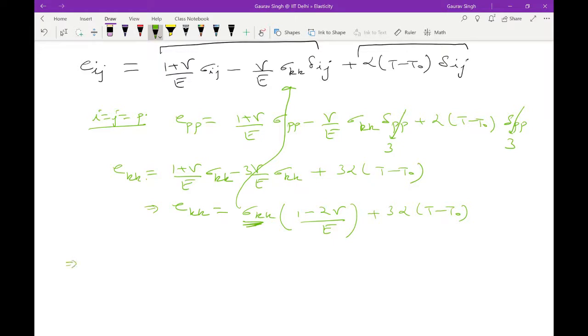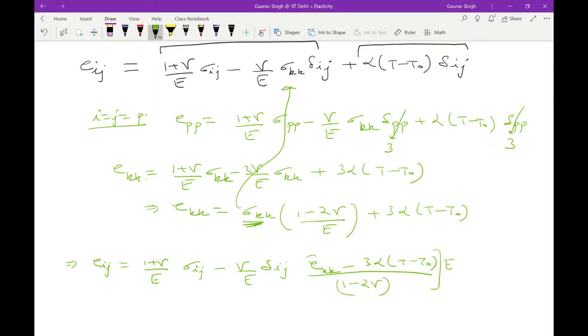So that should give us Eij equal to 1 plus nu by E sigma ij minus nu by E times this expression, which is ekk minus 3 alpha (T minus T naught) by 1 minus 2 nu by E, plus alpha (T minus T naught) delta ij. We just check.